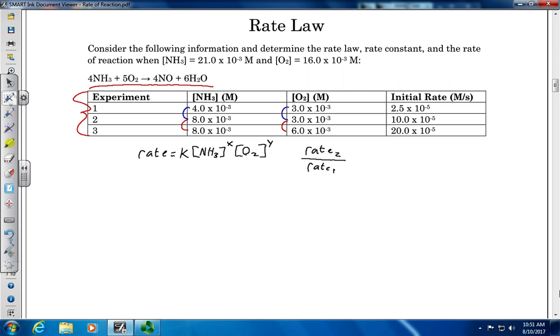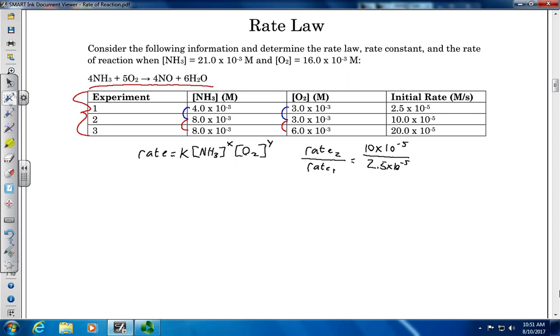So rate 2 over rate 1. And we're going to just write what the initial rates are. So we have 10 times 10 to the minus 5. We don't worry about the units because it's all going to cancel out, but it's molars per second. And then 2.5 times 10 to the minus 5 is our rate 1.